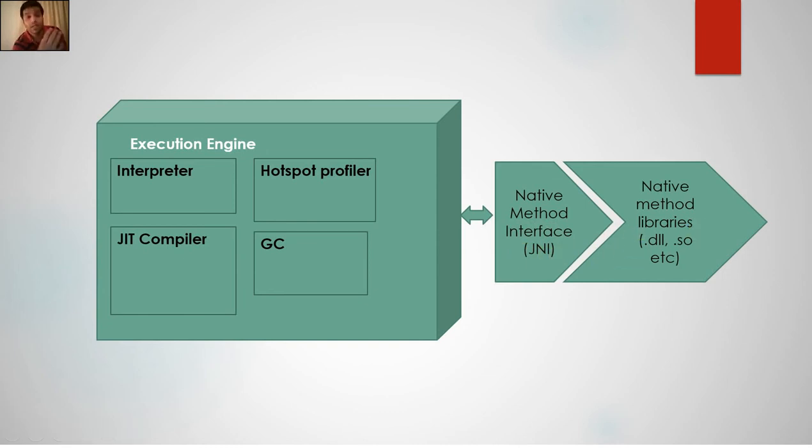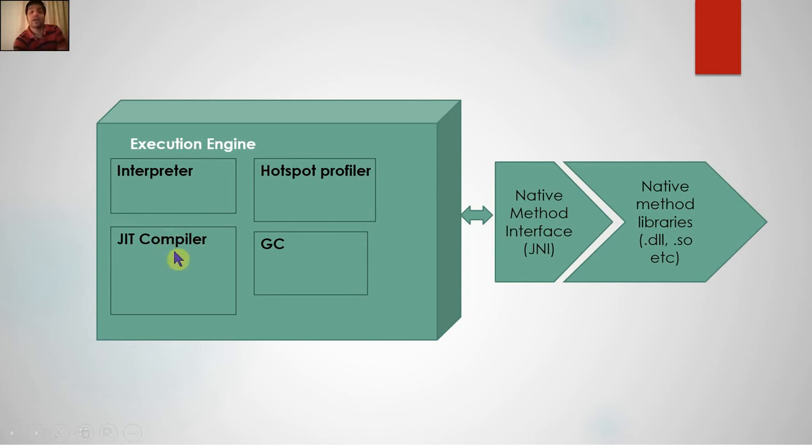If you look at the JRE bin folder on Windows, you'll see a lot of .dll files. Those are the platform-specific native libraries used by the execution engine. On a Unix or Linux system, you would see .so or .a modules in the JRE bin folder, which are the native libraries.